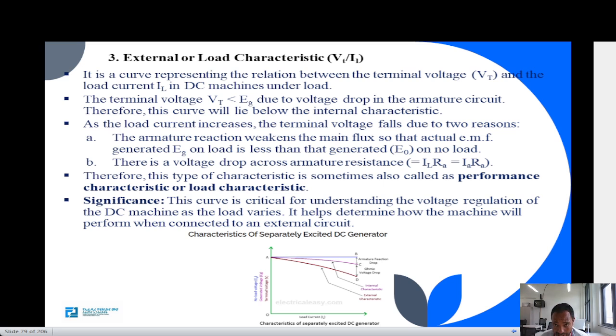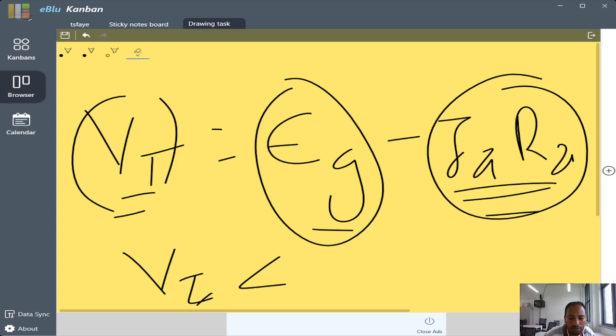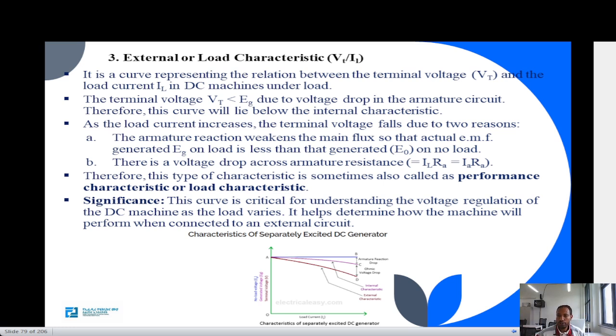So obviously, terminal voltage is always less than generated voltage: VT is less than EG. This is always true, due to the voltage drop in the armature circuit. Therefore, this curve will lie below the internal characteristics.